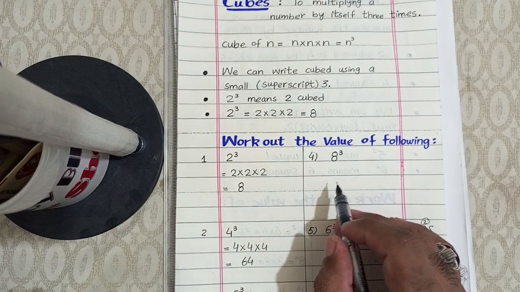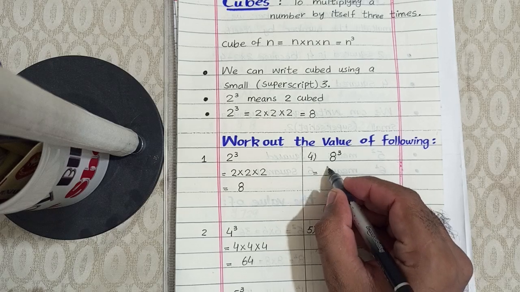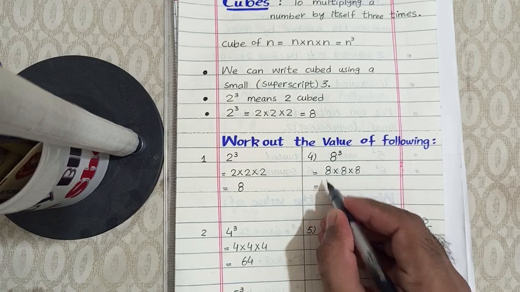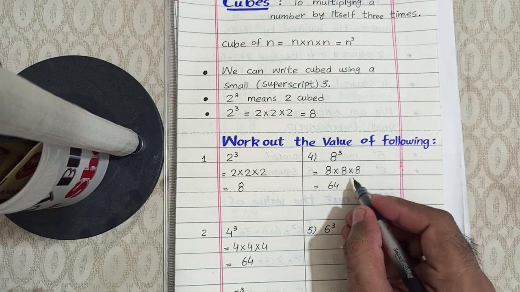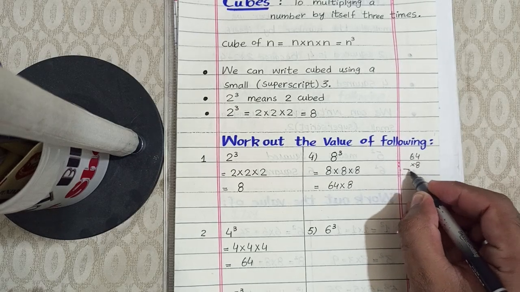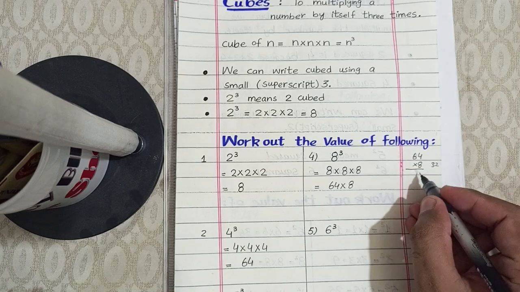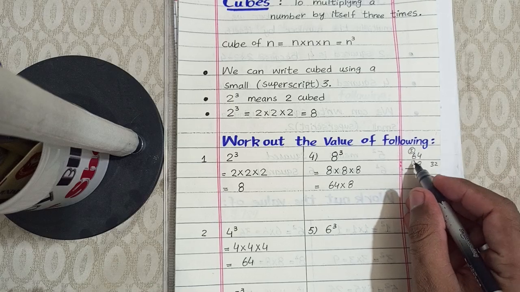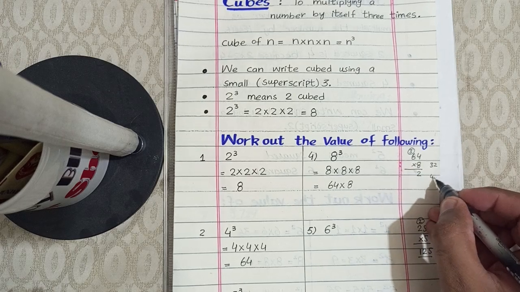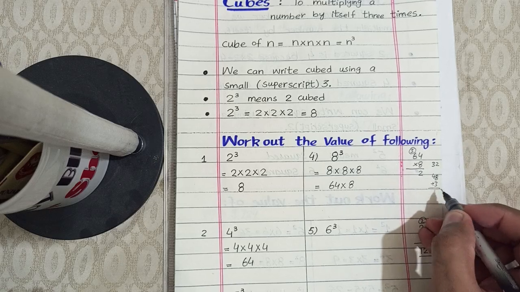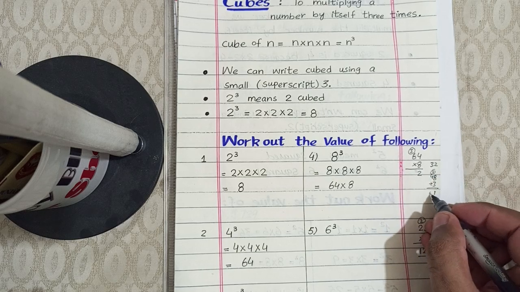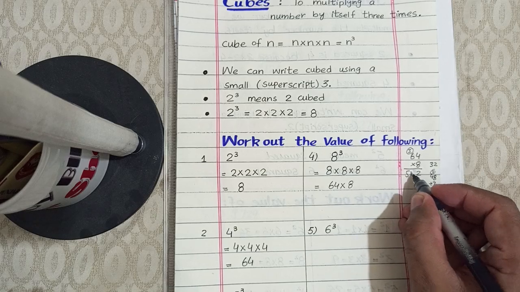Now find the cube of 8. We multiply 8 by itself 3 times. 8 eights are 64, then 64 multiplied by 8. 8 fours are 32, write 2 and carry 3. 8 sixes are 48, and then add 3, which is 51.